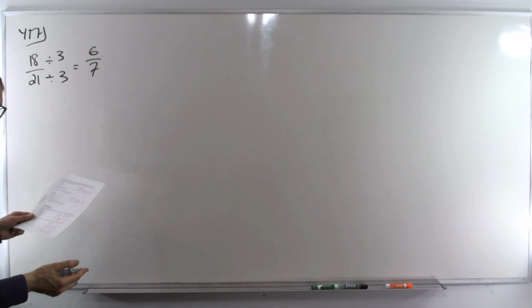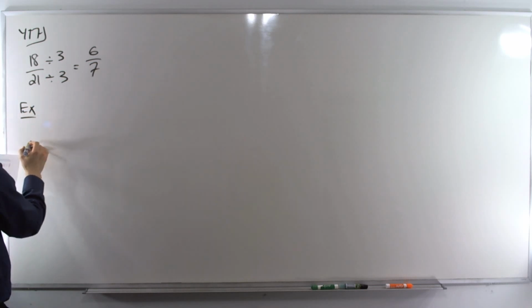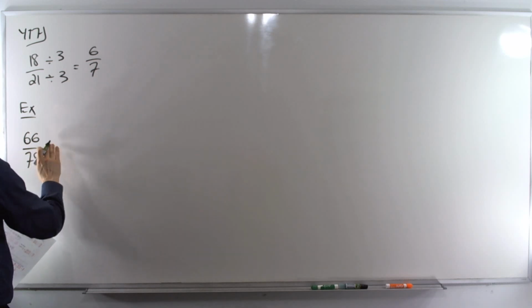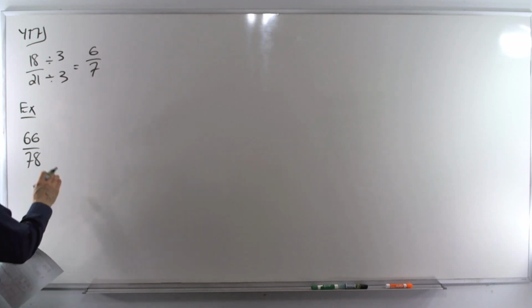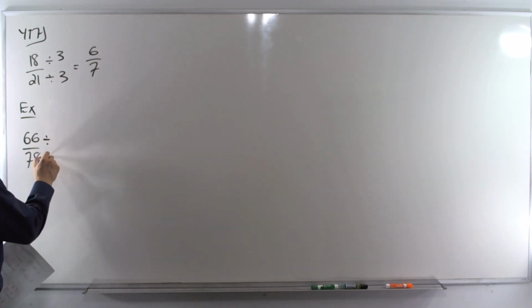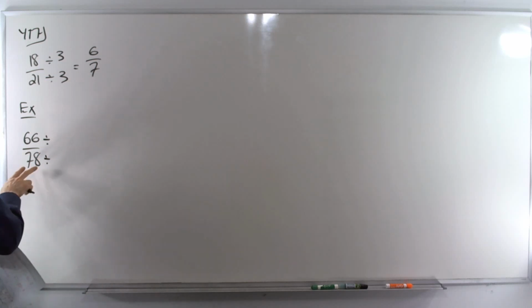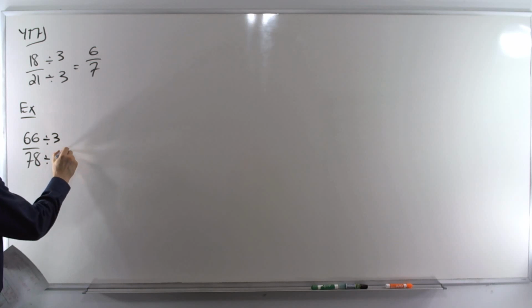And we can also do these with multiple steps. You can do as many divisions as you like. So let's take a look at 66 over 78. This one, definitely tough to see the greatest common factor of this. So we'll just divide by, let's see, this is divisible by 3, this is divisible by 3, so we'll divide by 3.